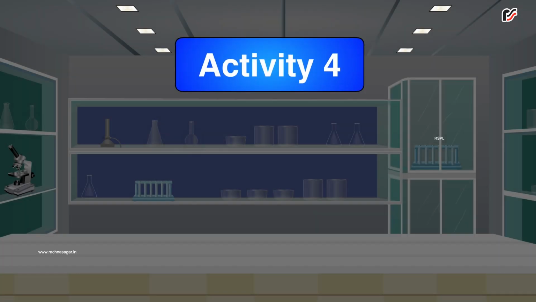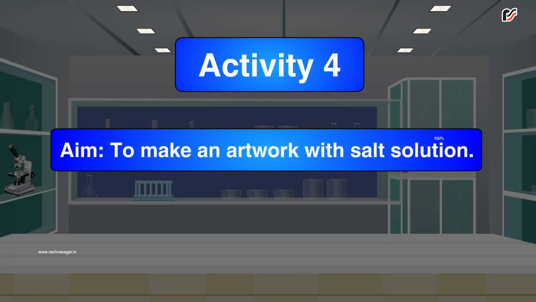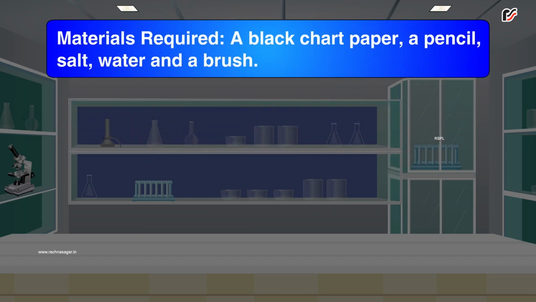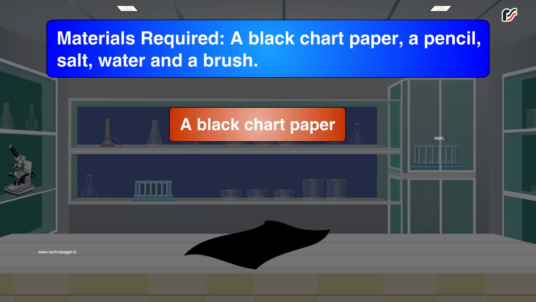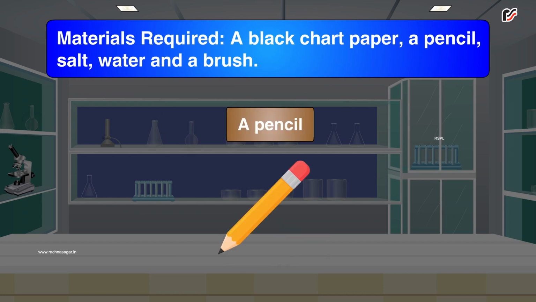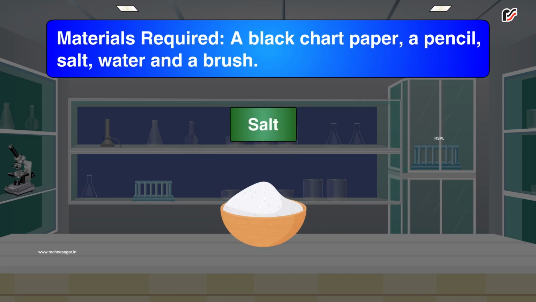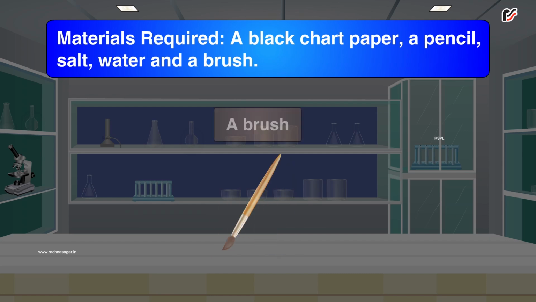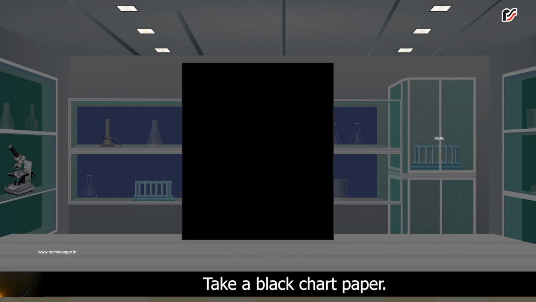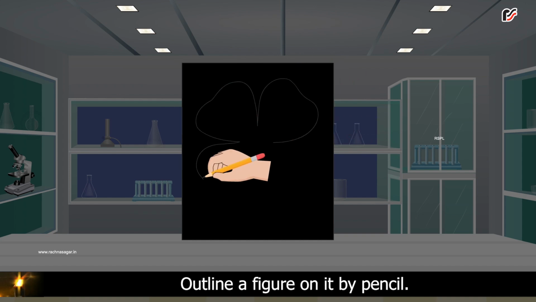Activity 4. Aim: to make an artwork with salt solution. Materials required: a black chart paper, a pencil, salt, water and a brush. Take a black chart paper and outline a figure on it with a pencil.